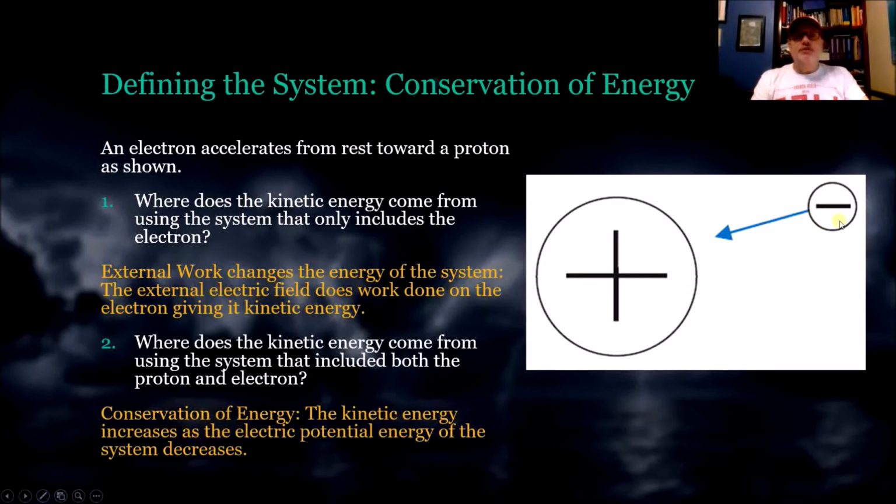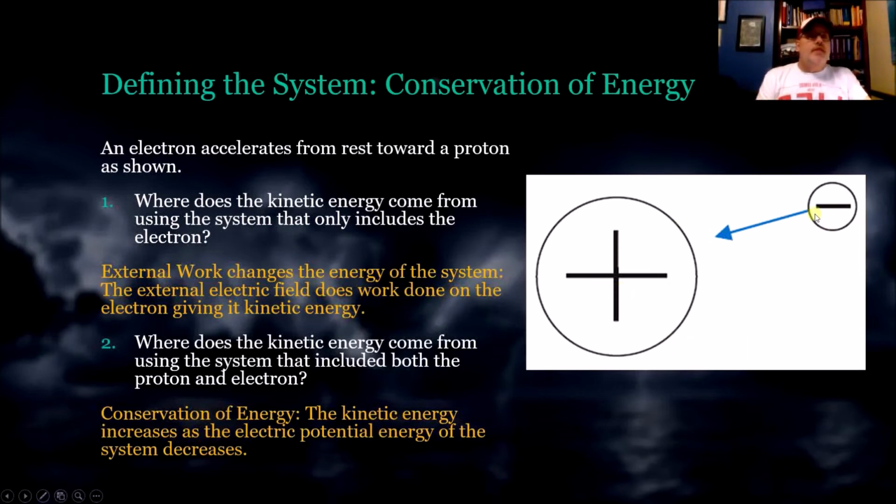If the charge is alone in our system, then the force on it is external to the system. So this electron would receive its kinetic energy because of the external work done on it by the external electric field. Another way to look at it is, here's a charge system that includes them both.